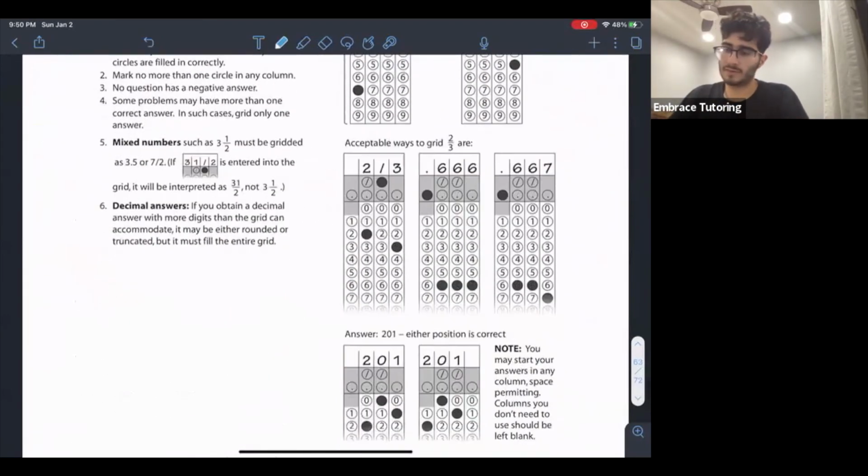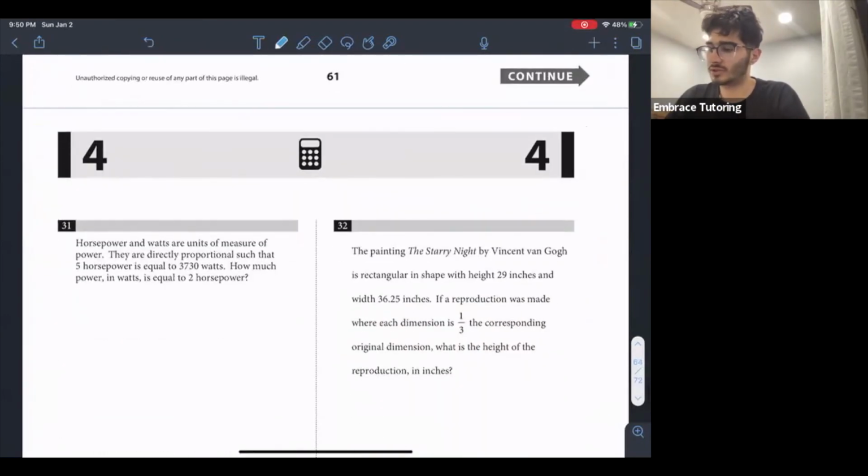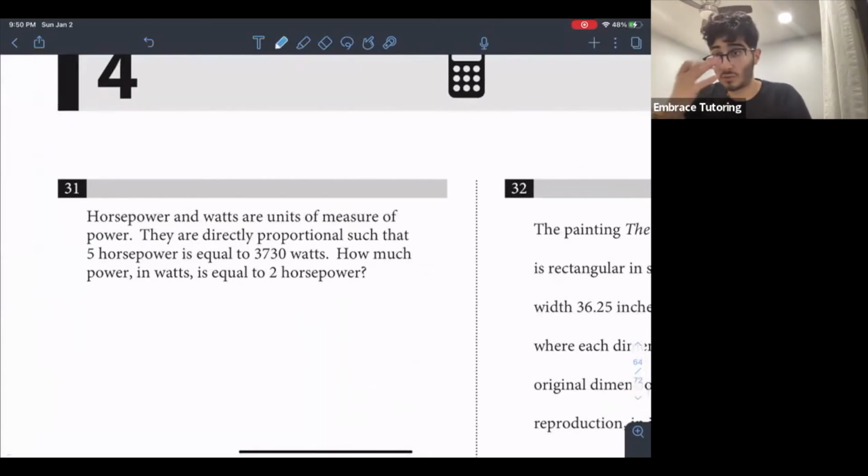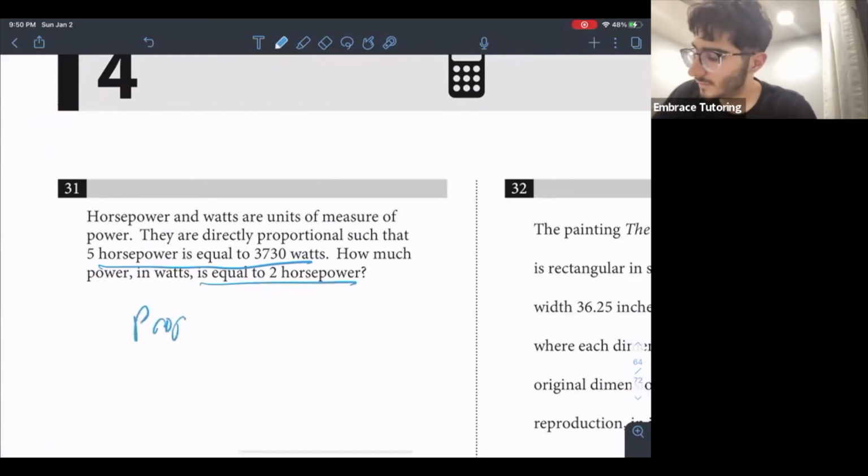Now we're resetting in terms of difficulty, and now we're doing question 31. Horsepower and watts are units of measure of power. They are directly proportional, such that 5 horsepower is equal to 3730 watts. How much power in watts is equal to 2 horsepower? So basically, to solve this problem, you would have to do proportions.